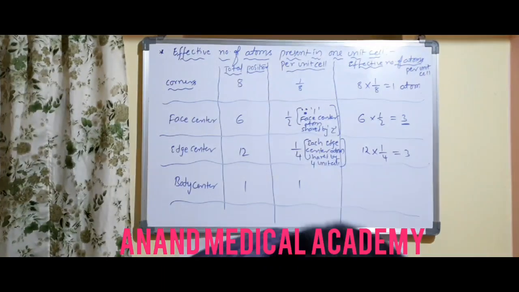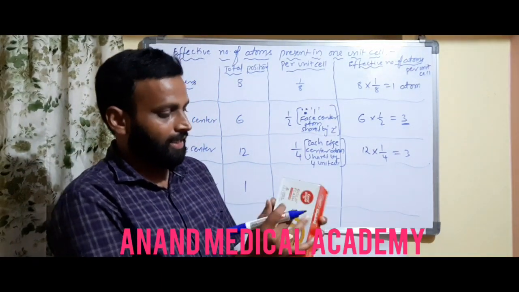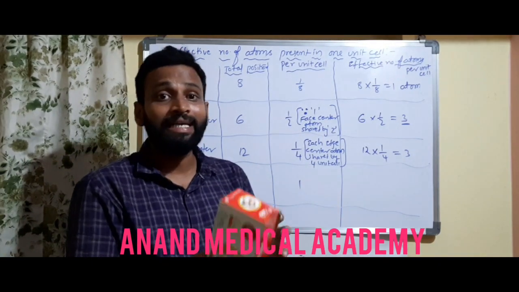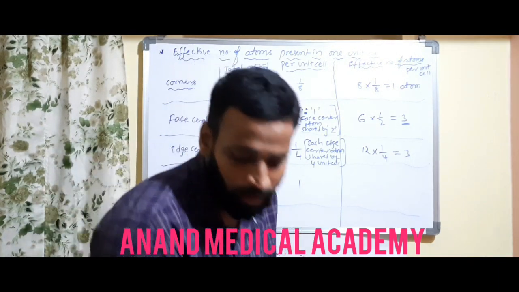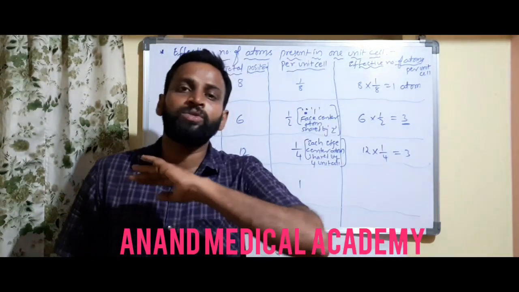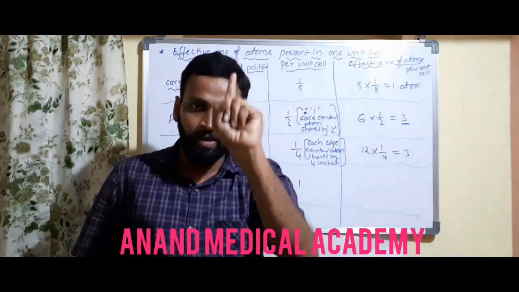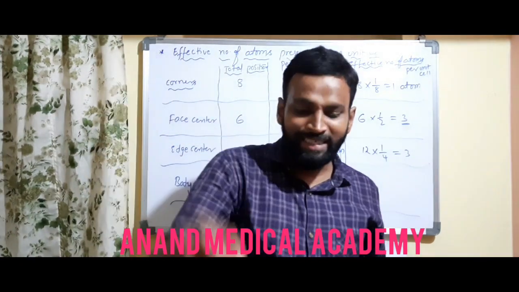And for body center, no contributions, because body center means exactly in the middle of this. If you open this, exactly in the middle, you cannot see it from outside. Understanding? So the body center atom does not belong to any other unit cells. The body center atom belongs to one particular unit cell, because it is inside.